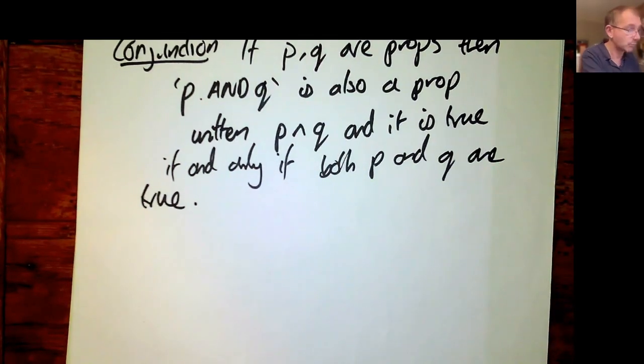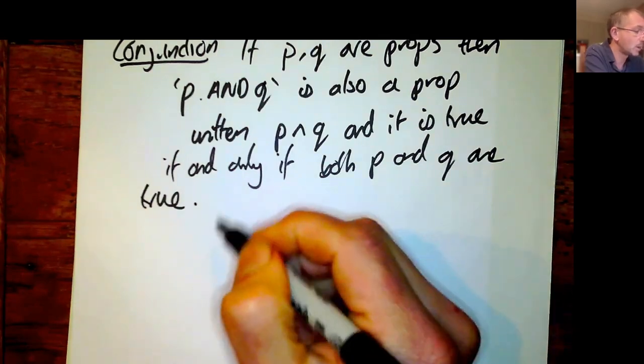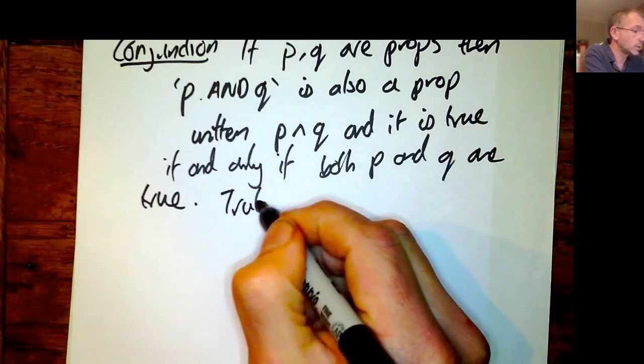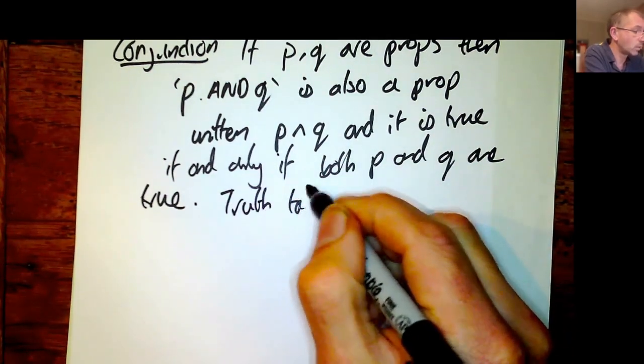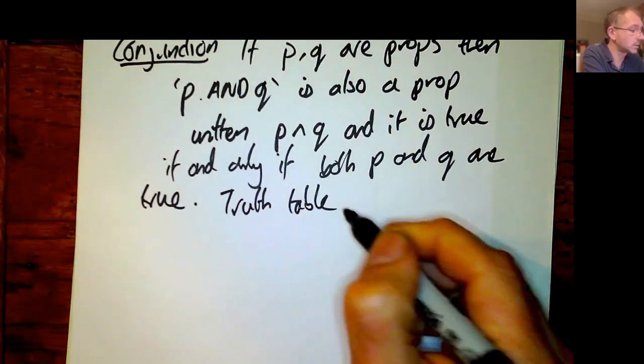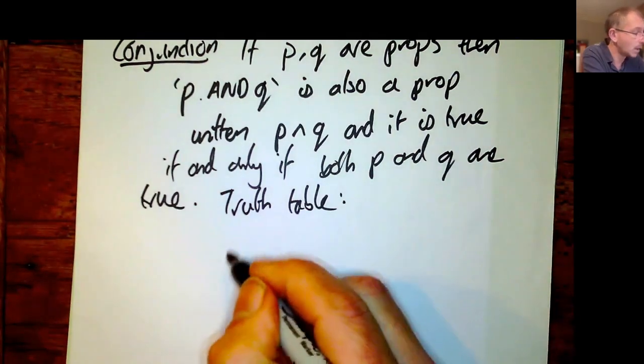So we should be able to write them all out in a table. And that is what we will do here. So this is our first truth table.